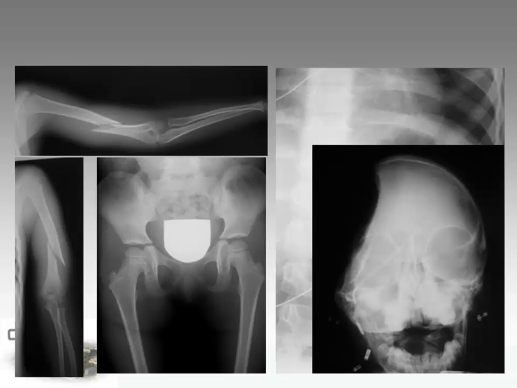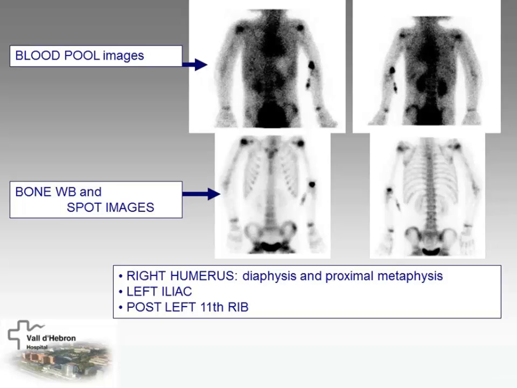Look at a skeletal survey with incredible lesions on the skull. And these are the images of the bone scan with the blood pool image here. And here you can see an increase of activity on the right humerus, okay, here and here.